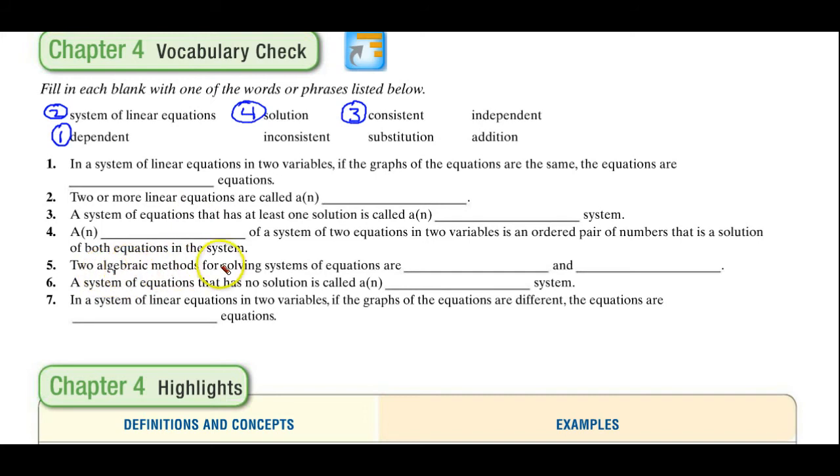Two algebraic methods of solving systems of equations are, this is going to be substitution and addition. Well, actually that's a 5 again, isn't it? It could be in any order, actually.